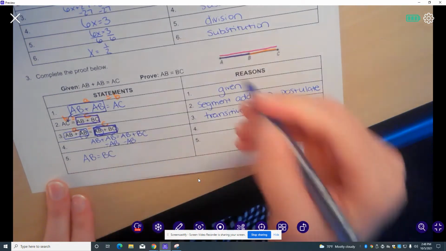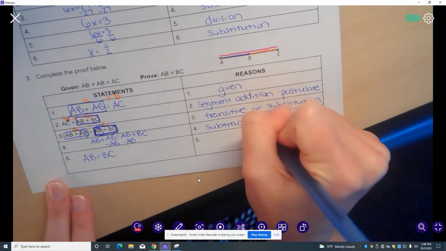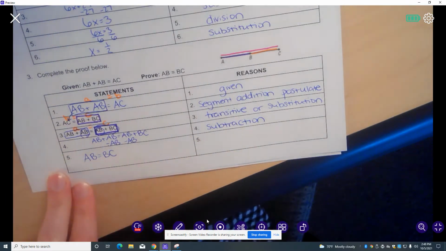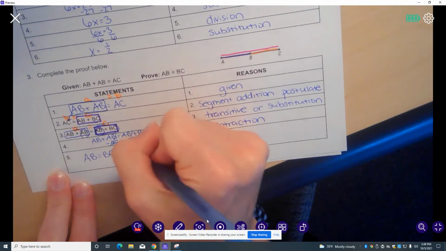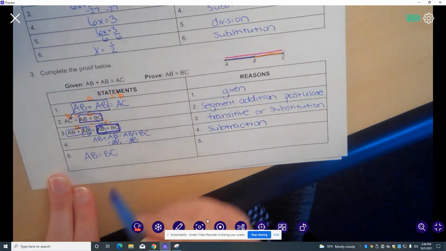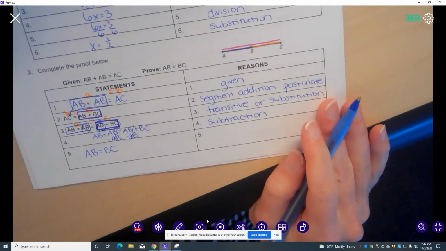So since I'm subtracting AB from both sides, I'm using the subtraction property. Once you do the subtraction and cancel your ABs, you're left with one AB on the left and one BC on the right. So AB equals BC.